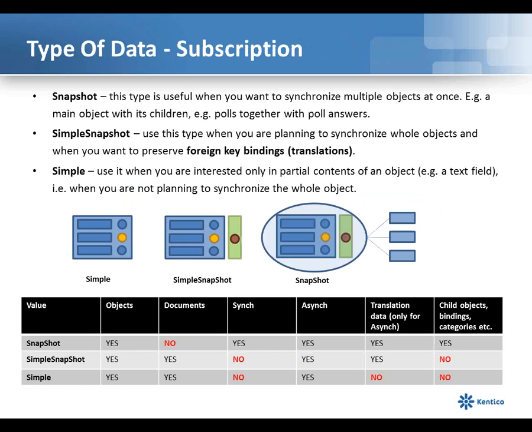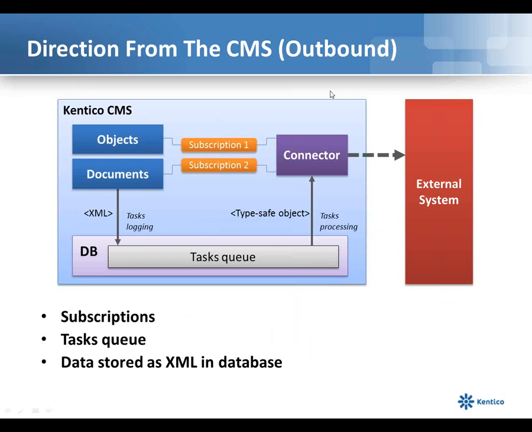Now, this might be pretty complicated to explain, but let me just go back here. Here I said that the subscription itself is sort of a condition saying which object should fall down to the connector and which should be processed. So that's a condition, right? But the subscription itself contains information telling the system how the object should fall to the connector.